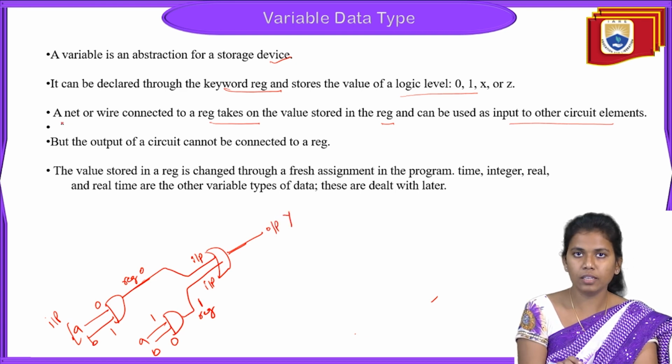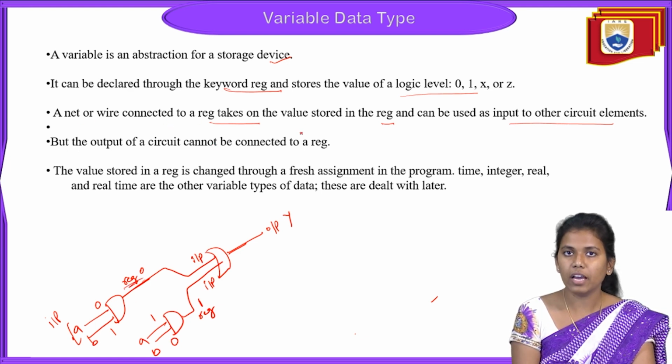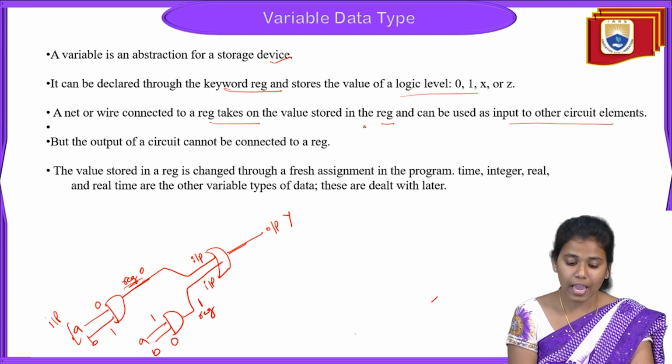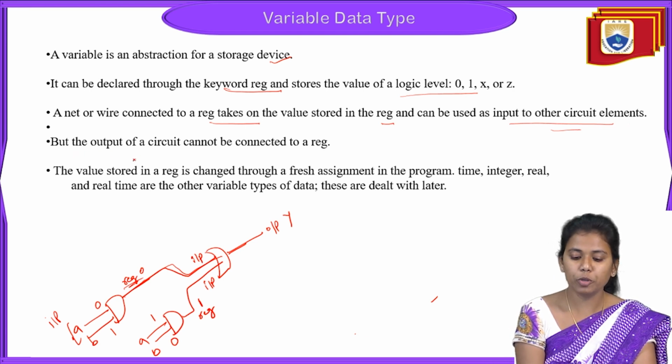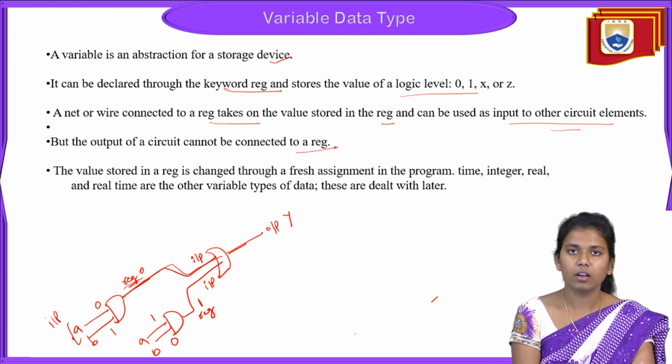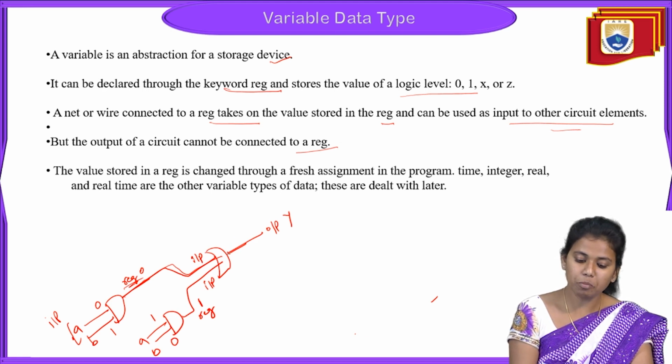So this is what the sentence talks about: a net or wire connected to a register takes on the value stored in the register and can be used as an input to other circuit elements. But the output of a circuit cannot be connected to a register. We have to remember that the output cannot be connected to a register.